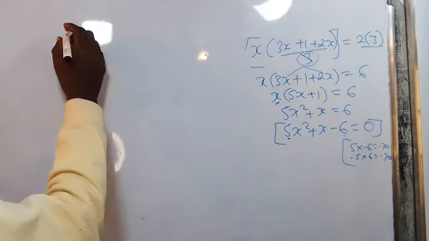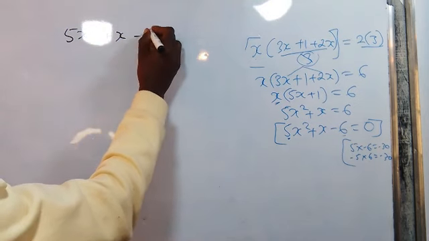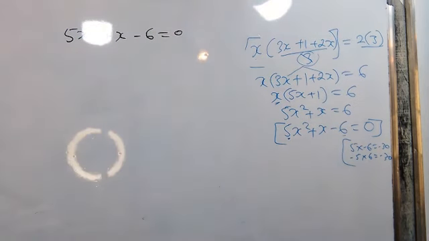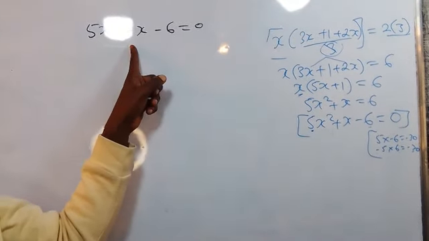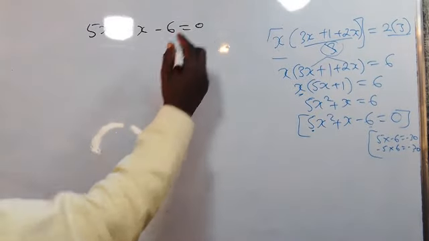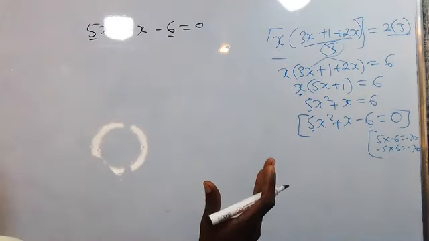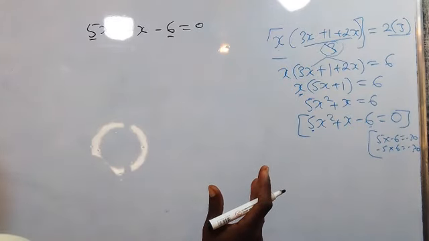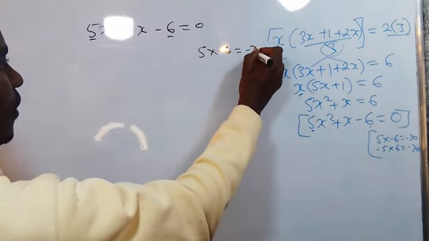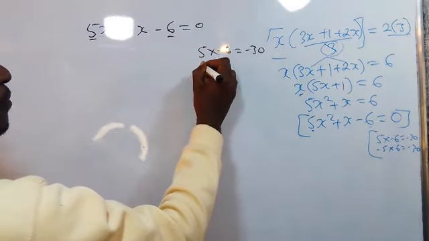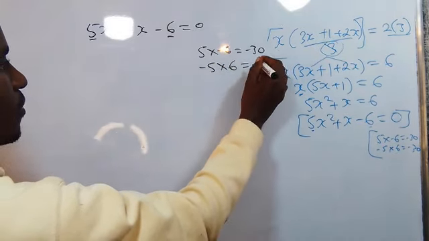So 5x squared plus x minus 6 equals 0. Solve by factorization of the quadratic equation. So 5 times negative 6 equals negative 30, or negative 5 times 6 equals negative 30.